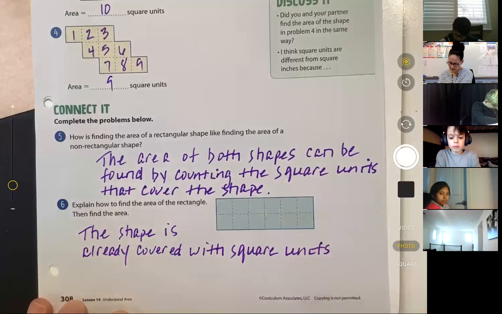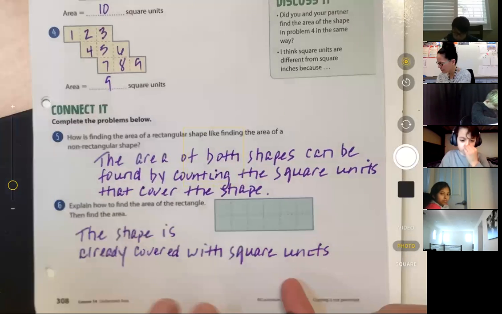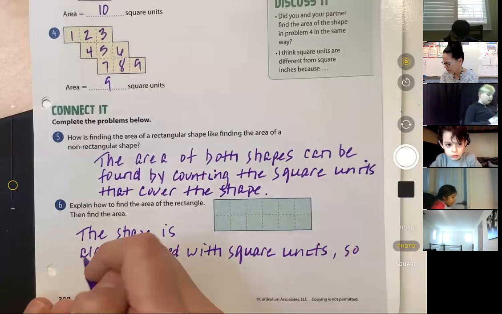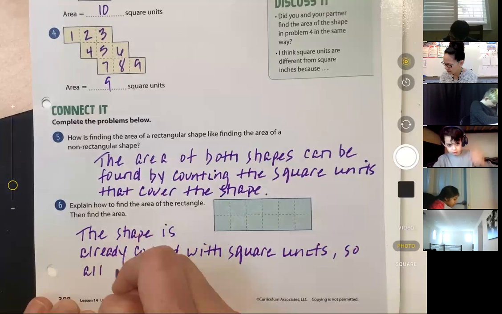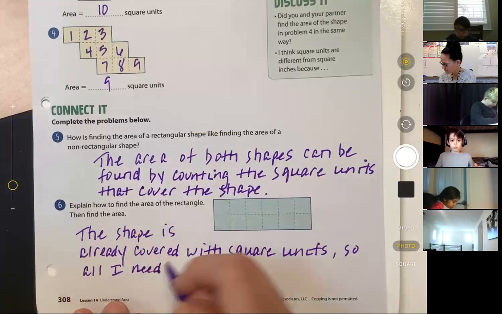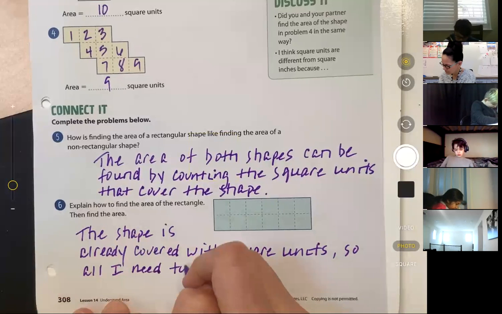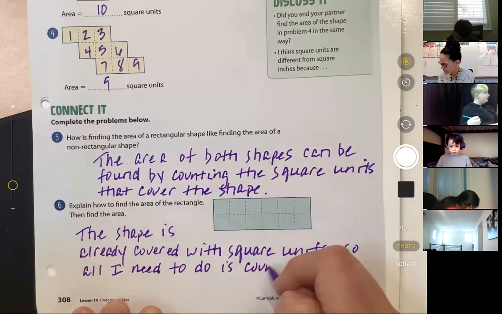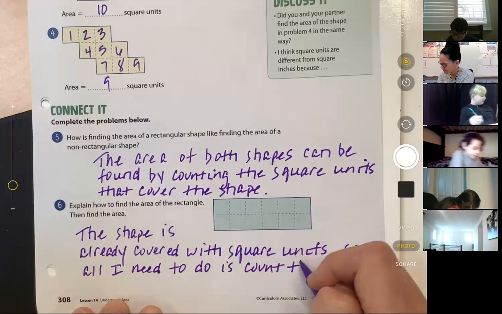So again, the shape is already covered with square units. So all I need to do is count the squares.